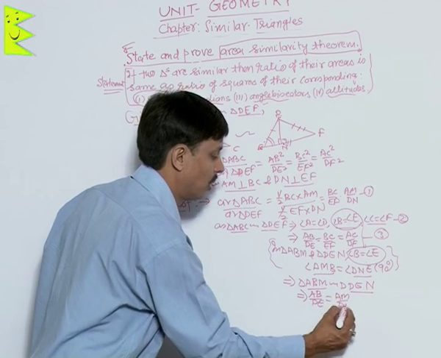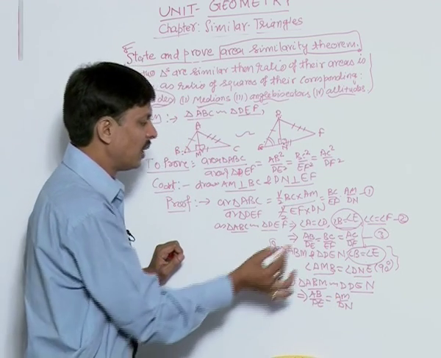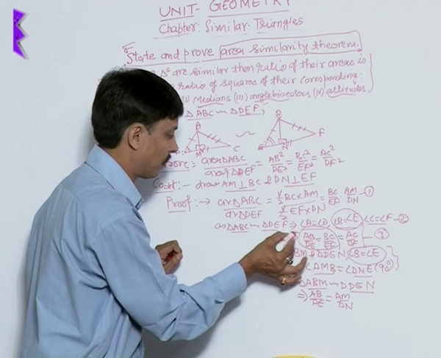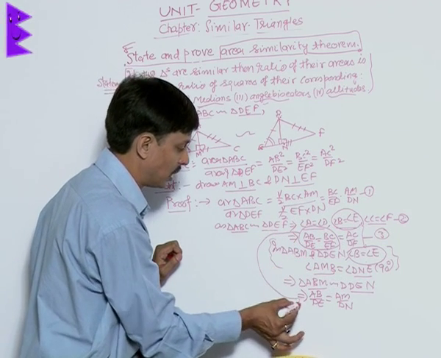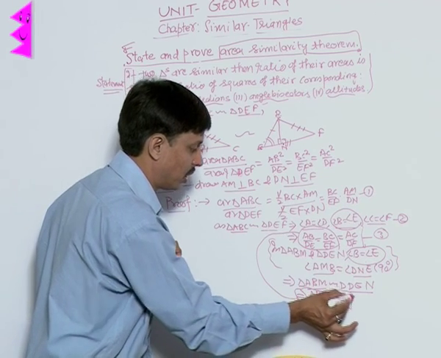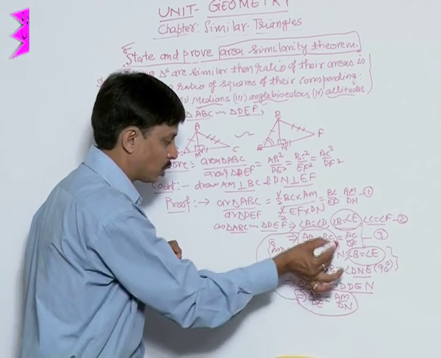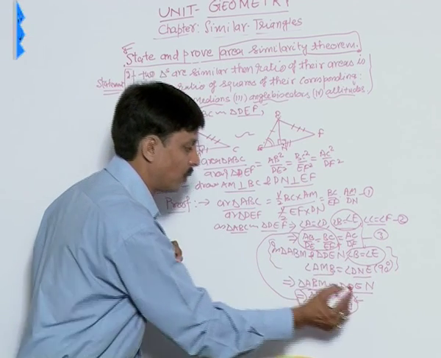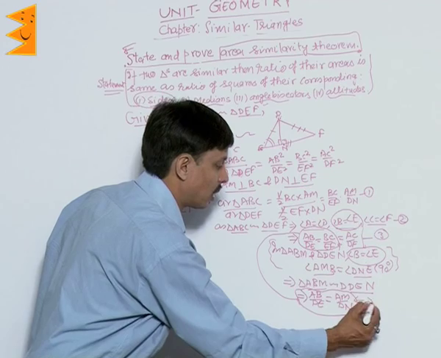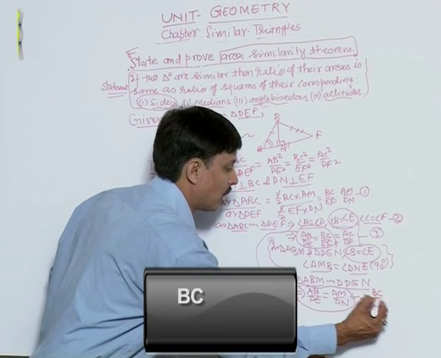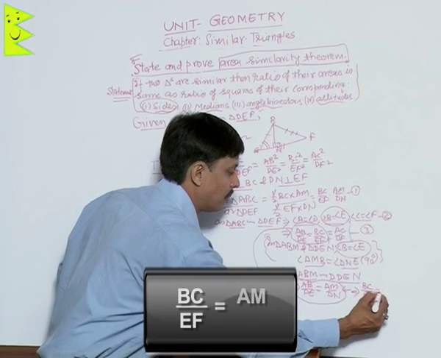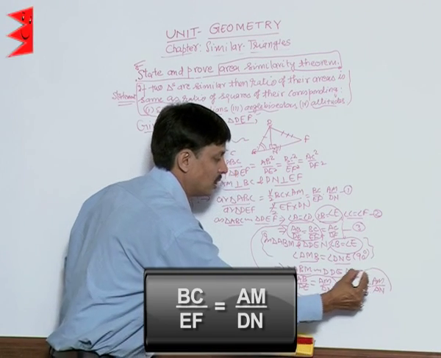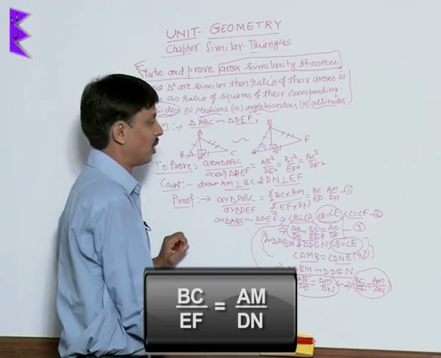But AB upon DE is equal to BC upon EF from the third result, and from here we have concluded that AB upon DE is equal to AM upon DN. So on comparing these two results, we conclude that BC upon EF is the same as AM upon DN.